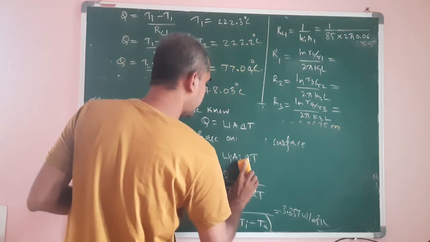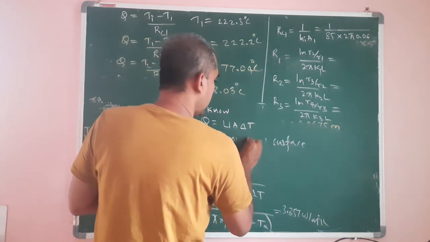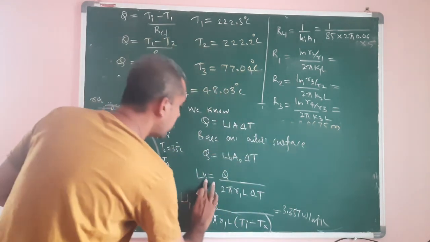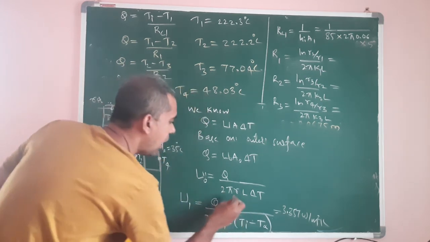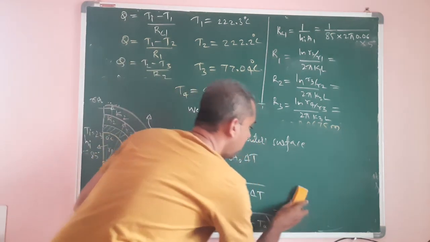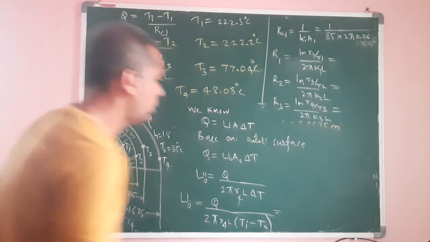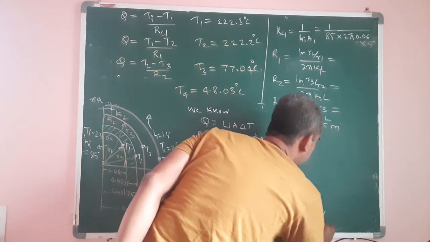What you have to do is, here instead of Ui write Uo, and instead of Ai write Ao, the outer surface. Therefore Uo is equal to the same with R4 instead of R1. You substitute the Q value, and if you calculate, based on the outer surface you will get Uo equal to 1.203 watt per meter square Kelvin. Okay.